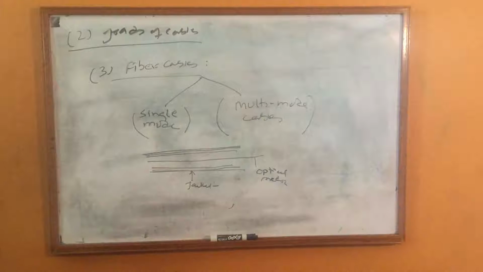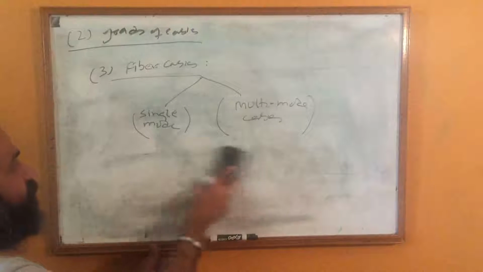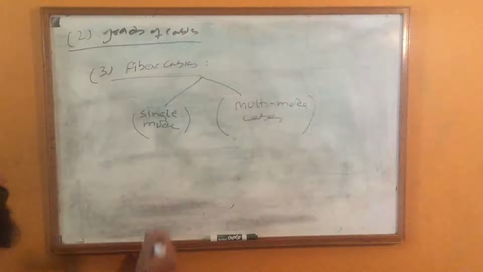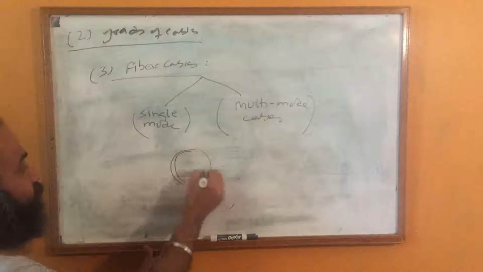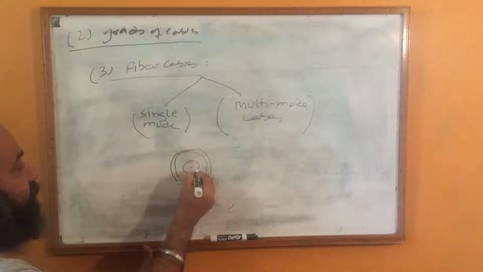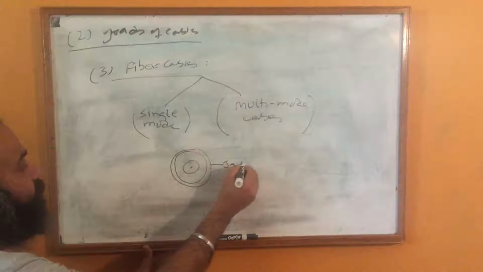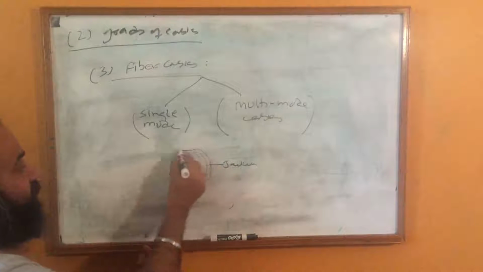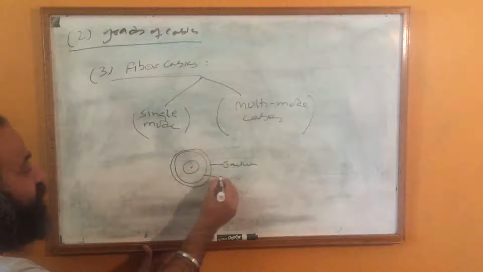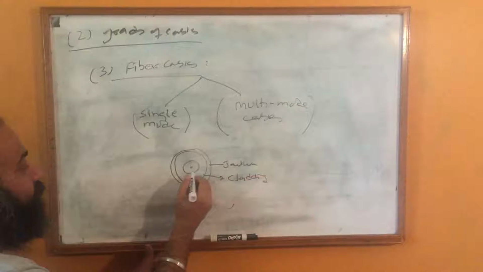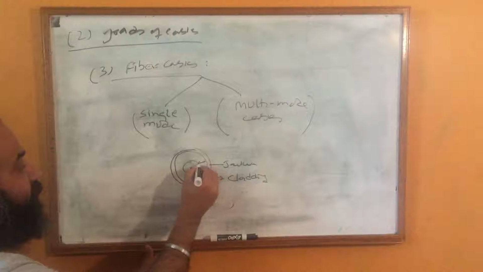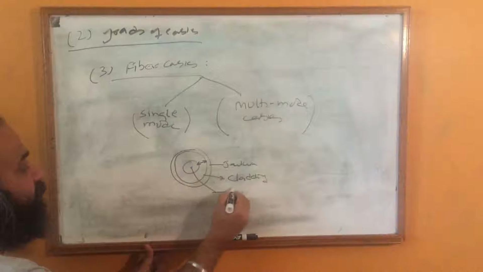So let's draw it again. I think this will make more sense to you. So this is the jacket, and I was wrong that there is nothing in between. This plastic core is actually called cladding, from here to here. And this one is the optical cable.